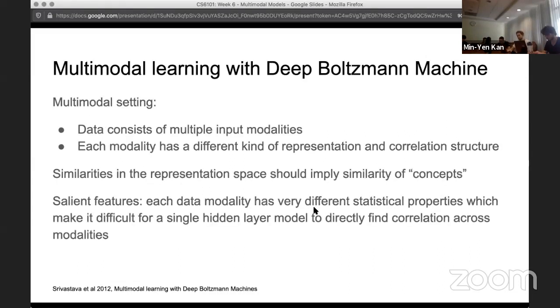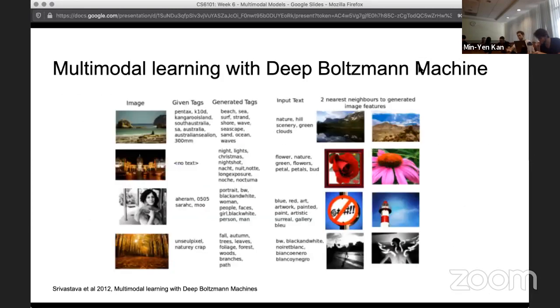So here is the same idea again. Like this paper, they want to build a generative model to be able to label. So they want to build a model where you give it an image, and then it generates some text.